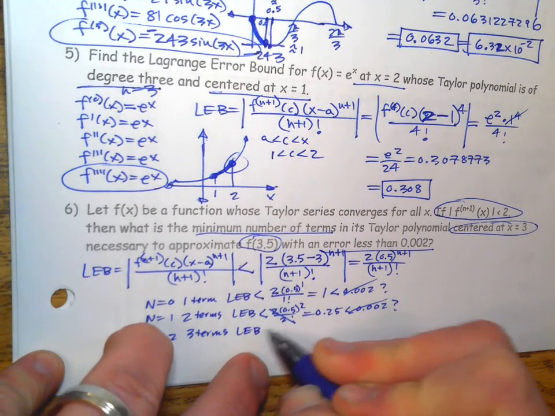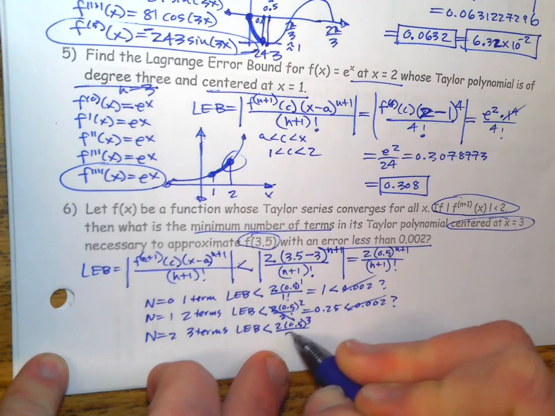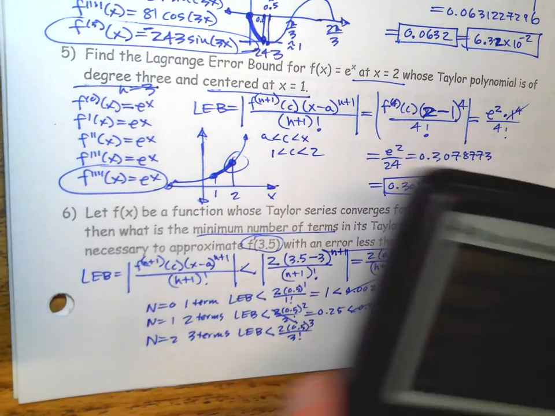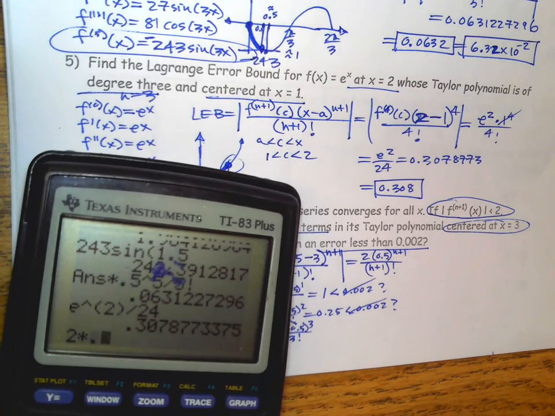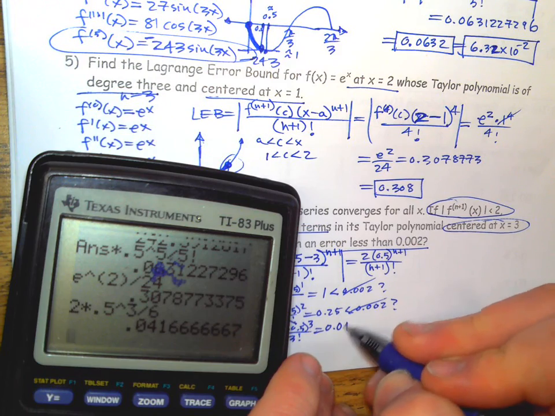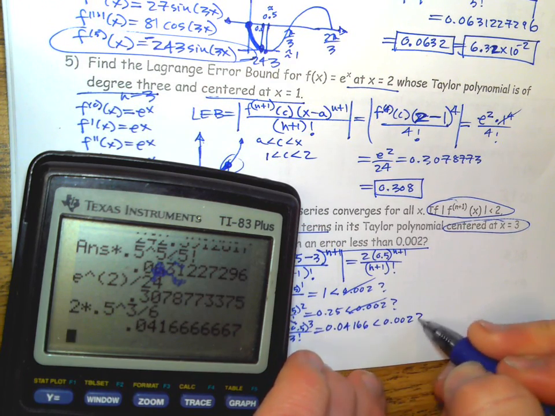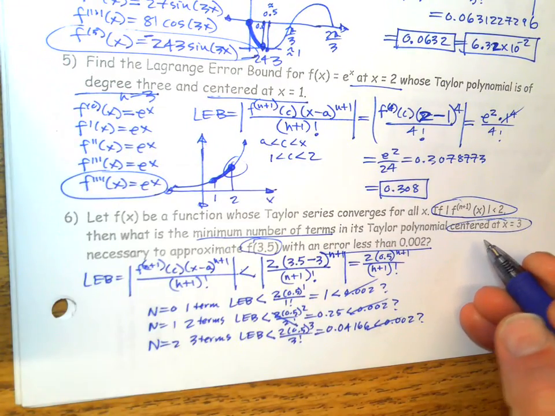L.E.B less than 2 times 0.5 to the 3rd power over 3 factorial. So 2 times 0.5 to the 3rd power divided by 6 is 0.04166. Is that less than 0.002? No. But we're getting closer.